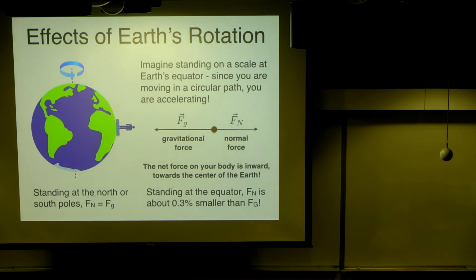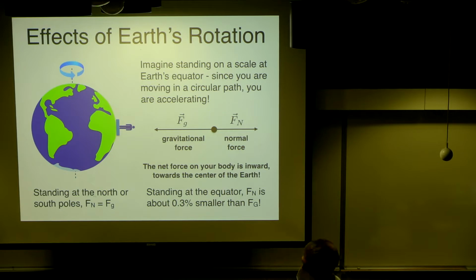Okay. So here's another effect of Earth's rotation. Here's another way that gravity can vary from place to place on the Earth, and that's the fact that Earth itself is rotating.